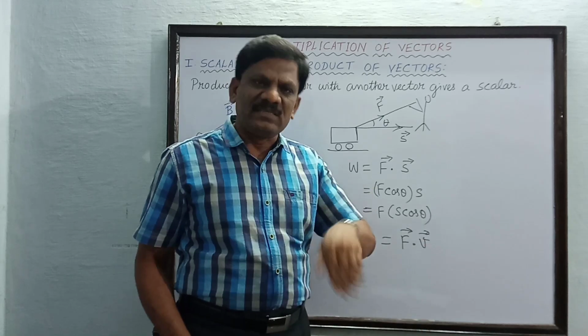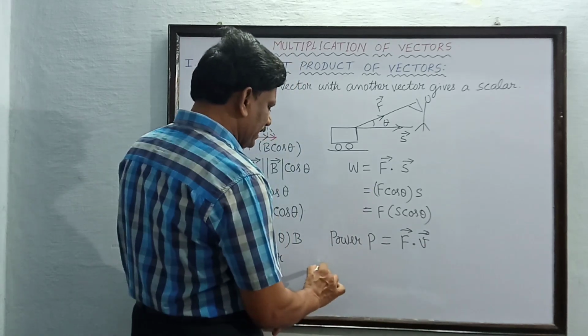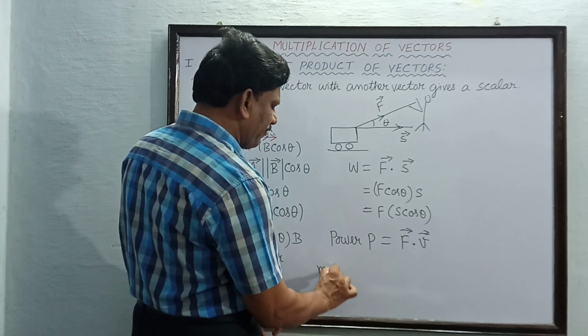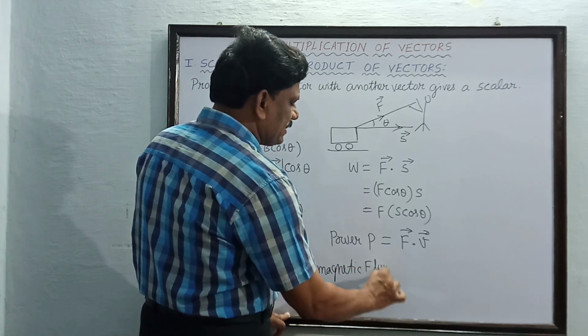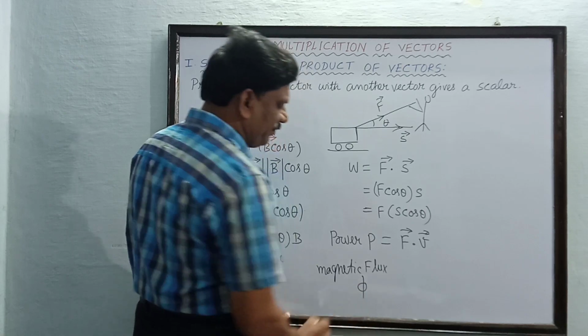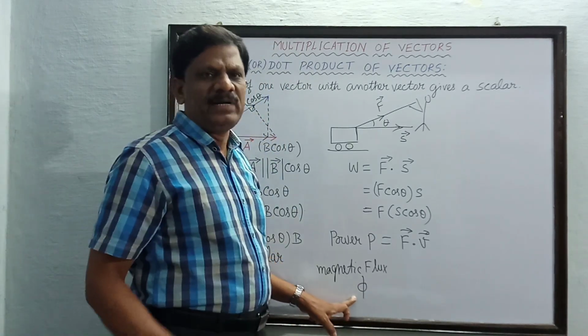When you come to class 12, there are some other examples like magnetic flux. Magnetic flux is denoted with the symbol phi, like alpha, beta, gamma in the Greek alphabet.